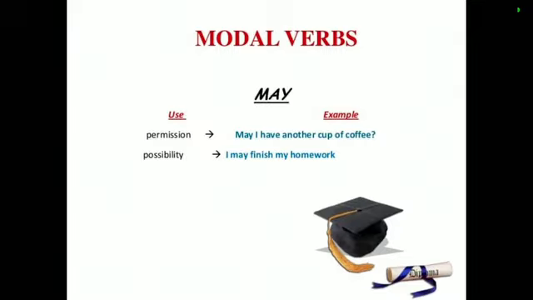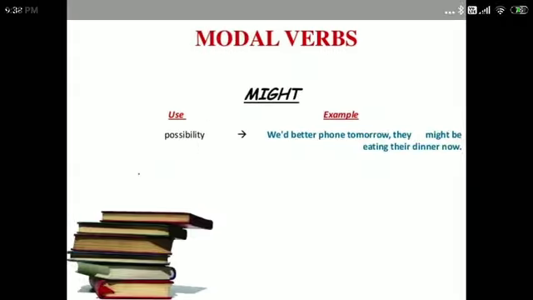After that, you could use may like, he works hard so that he may pass. So students, you can use it for permission, likewise, may I have another cup of coffee, or even in possibility, even in permission, even in any wish or in any purpose. Likewise, in possibility, you can frame a sentence like, I may finish my work. So here is possibility that maybe you can finish your work even if you are not sure of it.